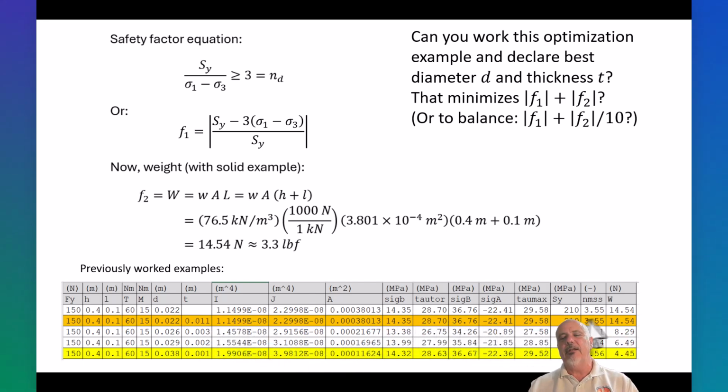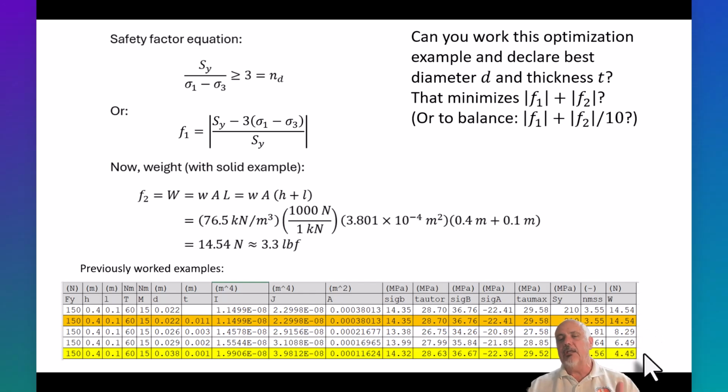That vetted in my mind that my analysis was right. Then I poked around and found a 38 millimeter diameter with a 1 millimeter thickness, and I found that to have a factor of safety of 3.56 and 4.4 newtons.